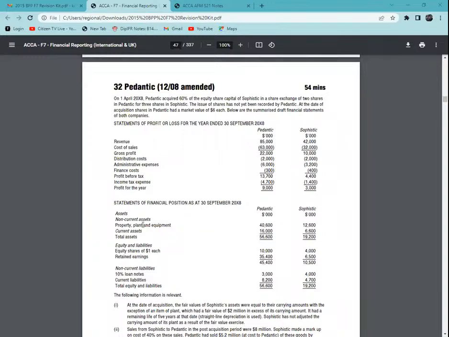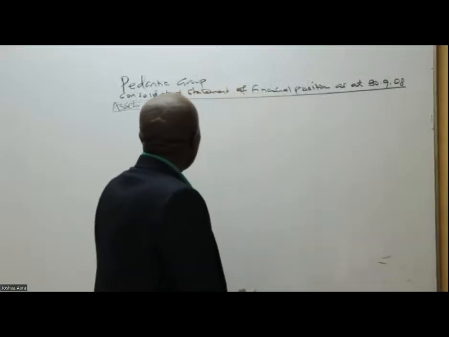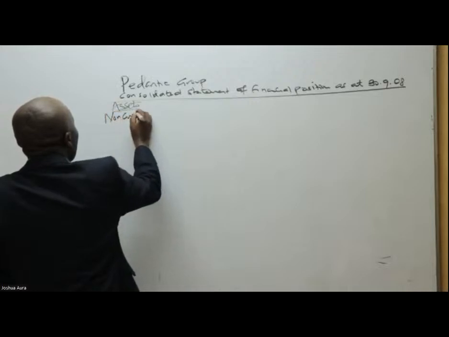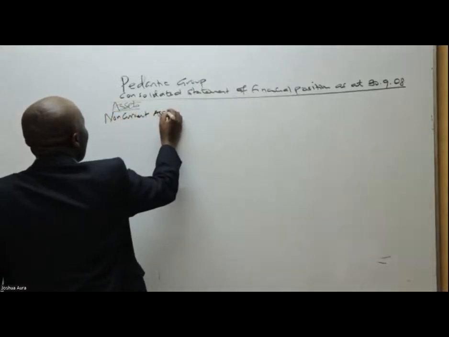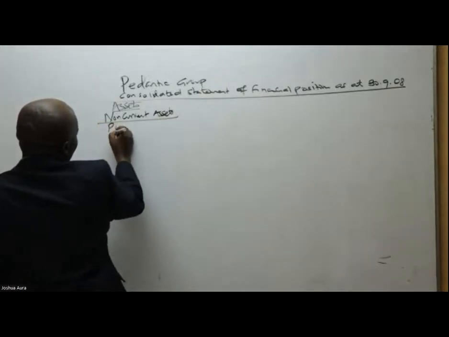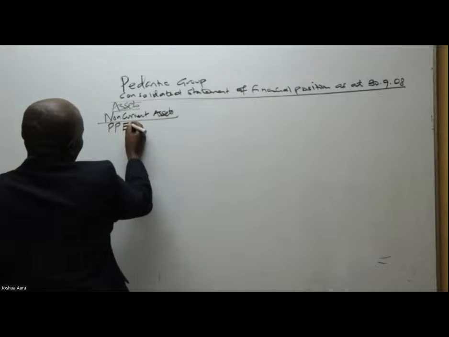So we start with non-current assets. Under non-current assets, the first one there is property, plant and equipment.